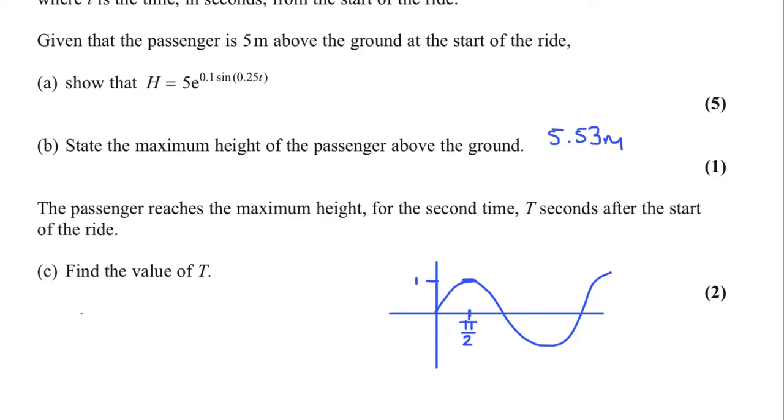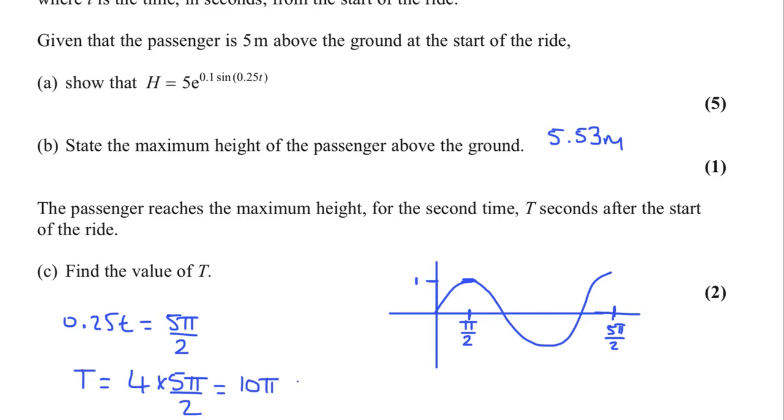So we want to know the next time that will happen. That will happen over here at 5 pi over 2. So when 0.25t is equal to 5 pi over 2, we'll get our next maximum height. If I times by 4, that will give us the big T value, which is going to be 10 pi. So that's 31.4 seconds.